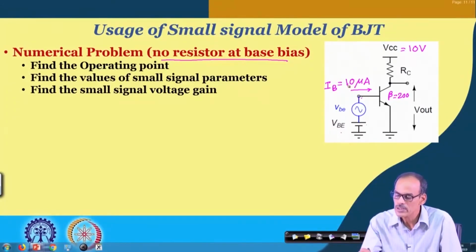That gives us a quiescent current of 2 milliampere.